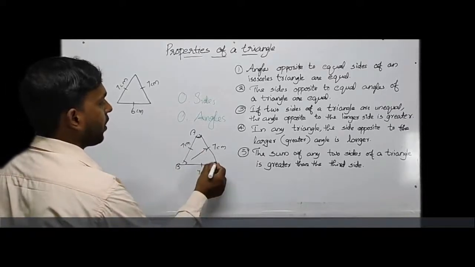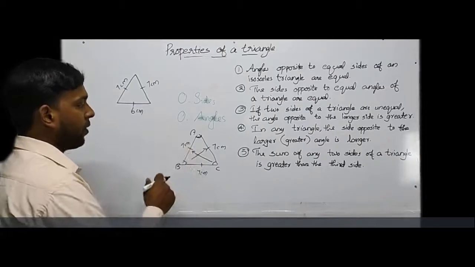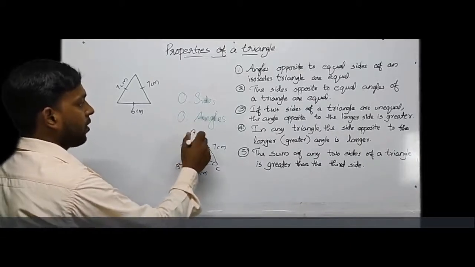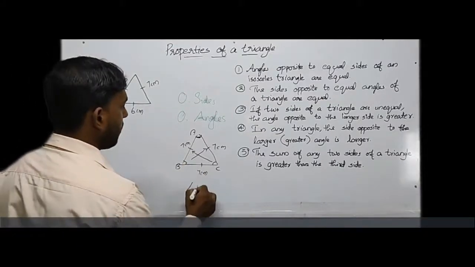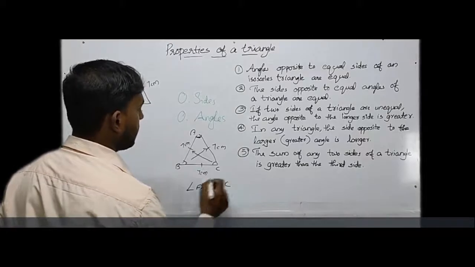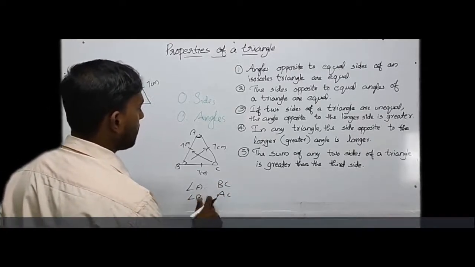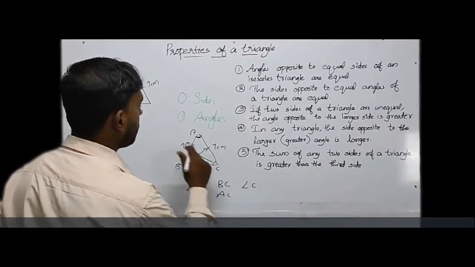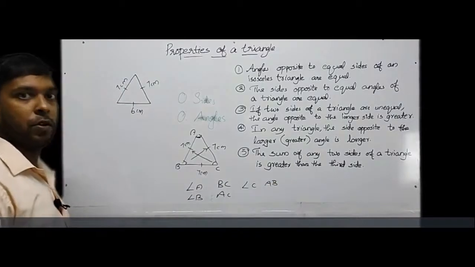If I take angle C, its opposite side is side AB. So angle A, its opposite side is BC. Angle B, its opposite side is AC. Angle C, its opposite side is AB. Hope it is very clear to you.